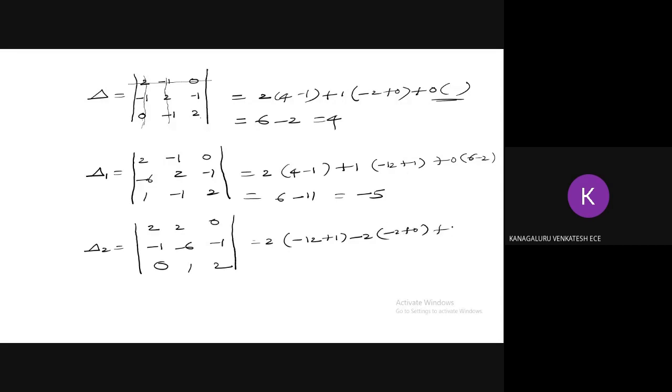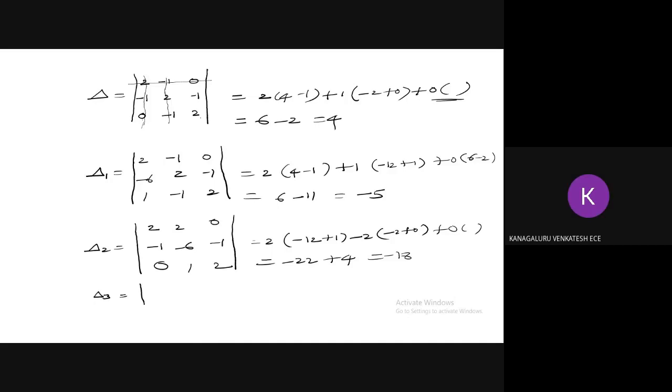Anyhow, then plus 0 multiplied by anything, it is going to be 0. Minus 22 plus 4. You get minus 18. Correct? Yes, sir.